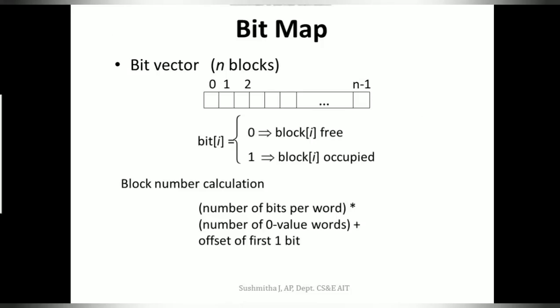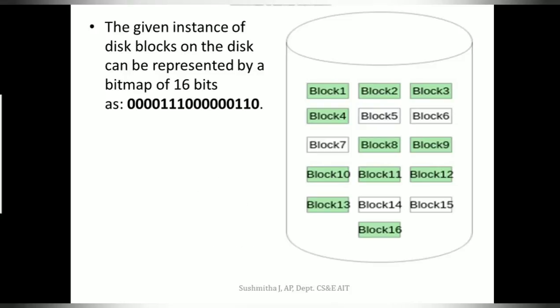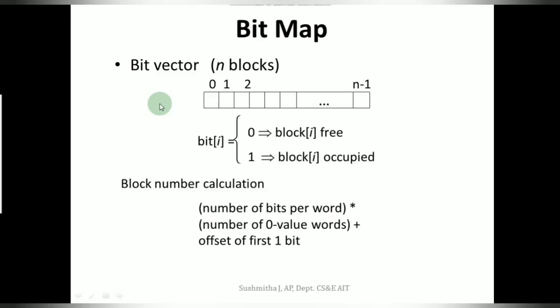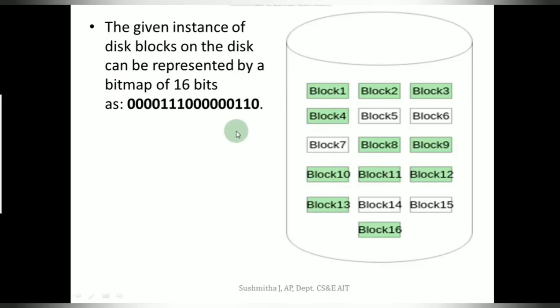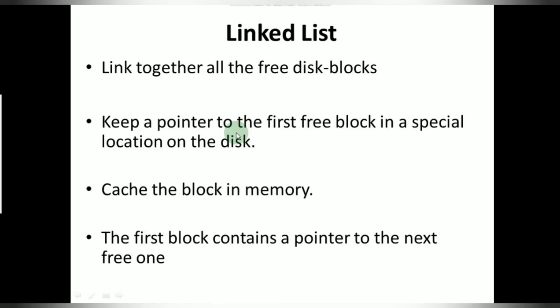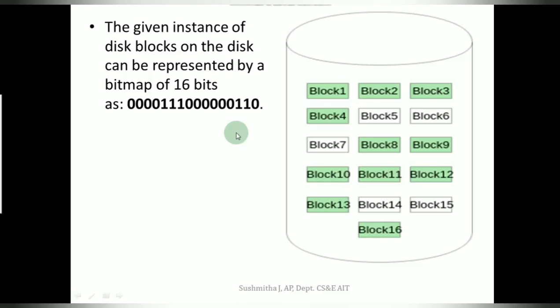Then the number of 0 valued words is given as 0, and then the first offset, that is, where I'm going to find a 1. The offset of the value 1 is at the 5th level. So that is the offset of the first 1 bit. Calculating that is how I will get my first free block number.